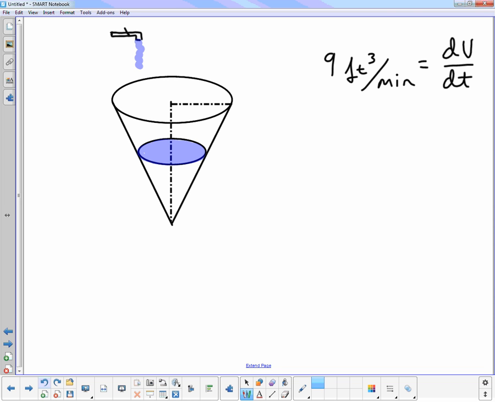The tank stands point down and has a height of 10 feet. So that's H, let's call that H for height. And a base radius of 5.